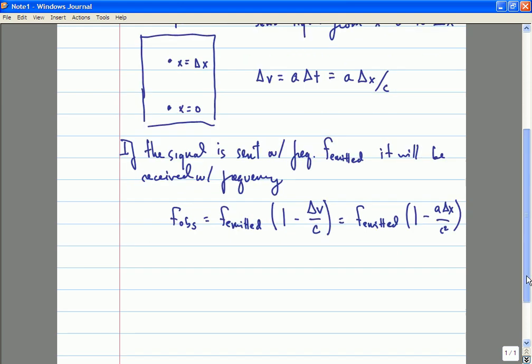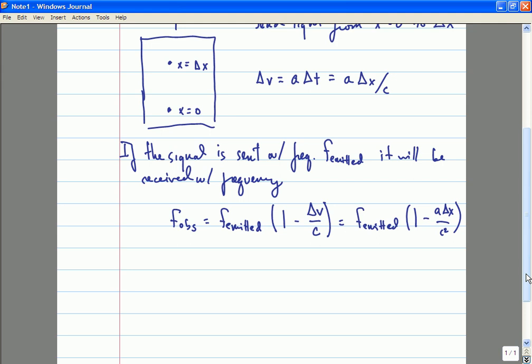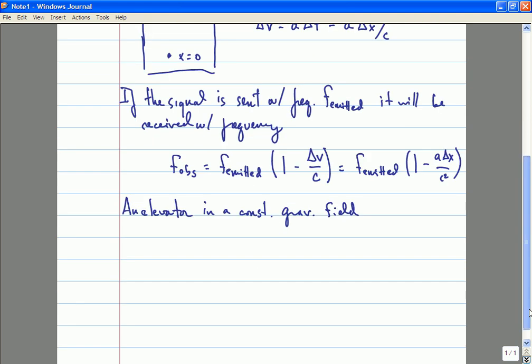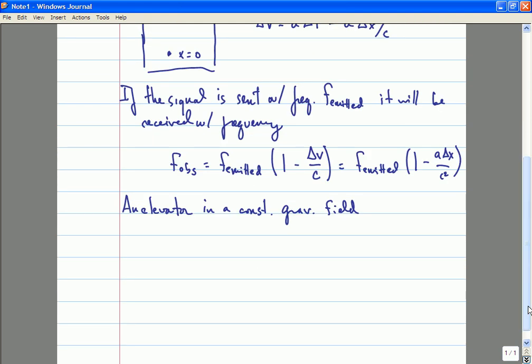So now let's consider a second experiment. So now let's consider an elevator in a constant gravitational field. Say an elevator in this building, which is being pulled downwards by the force of gravity with some constant gravitational acceleration, 9.8 meters per second squared.